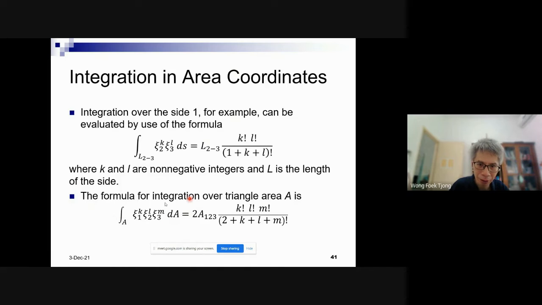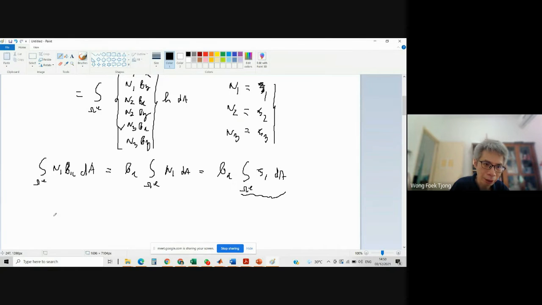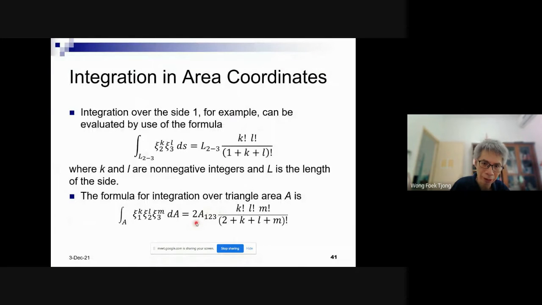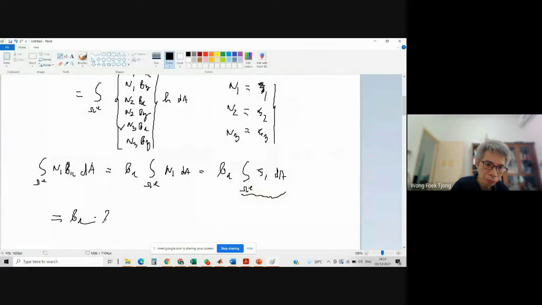So let's use the second one. According to the second one, this equals what? bx remains bx, of course. This is constant. Then the integral of this is 2 times the triangular area.